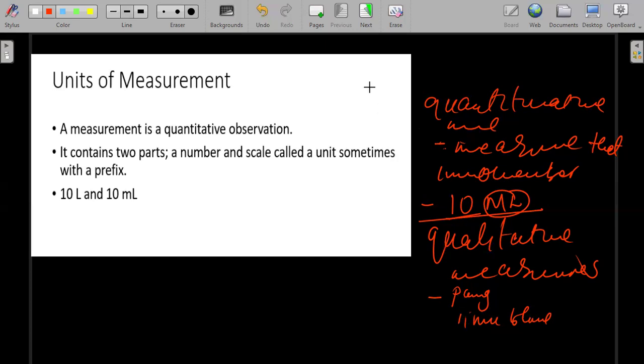Those are going to be called qualitative measurements. They usually do not involve numbers. So that's what you need to know. You need to understand the difference between quantitative measurements and qualitative measurements. I hope everything is clear there. If there are no questions, we can proceed unless there's a question.